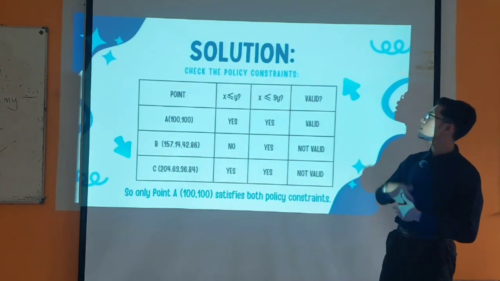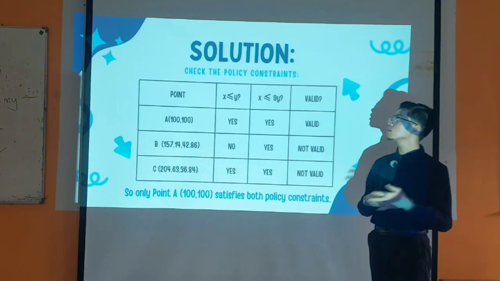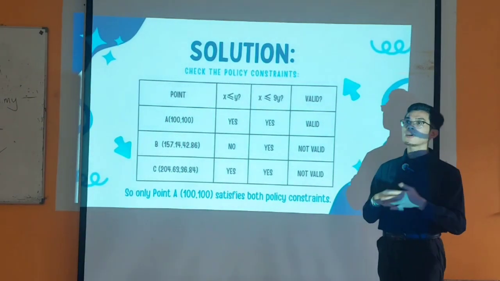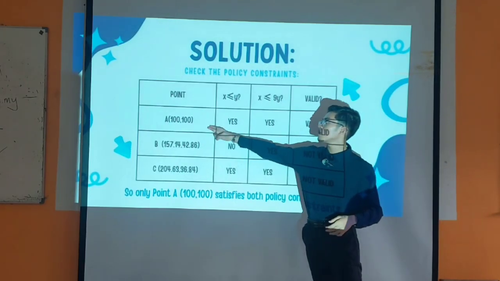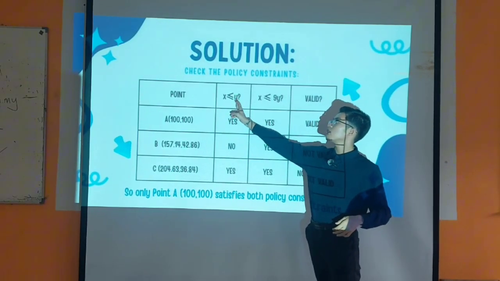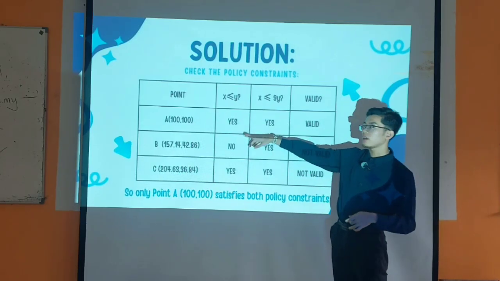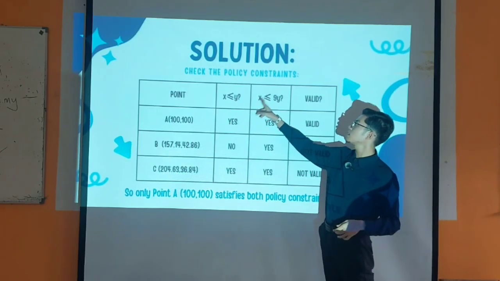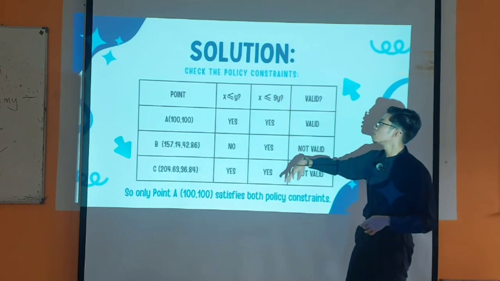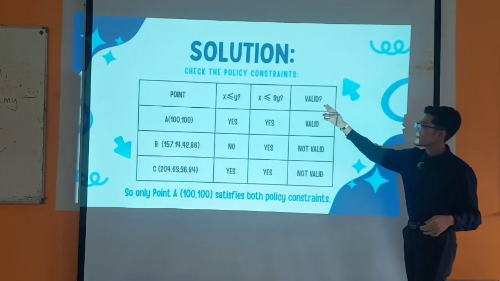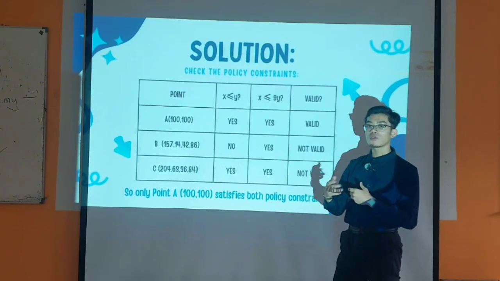Okay, after we solve all the equations, we will check whether the points that we get satisfy all the policy constraints. Okay, for the first point, which is A, does x less than or equal to y? Yes. Okay, for the second, does x less than or equal to 9y? Yes. So, is it valid? Yes, it is valid because it satisfies both constraints.